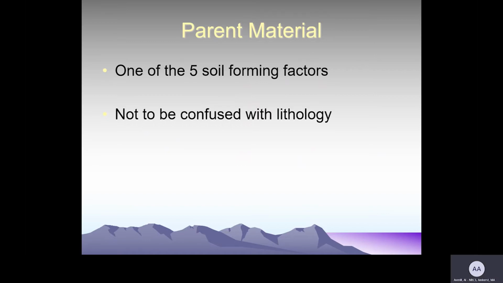And I try to make a point of saying here that it is not to be confused with lithology. Lithology refers to the type of bedrock. Lithology is the study of bedrock. A very small percentage of the soils on the planet form directly from the underlying bedrock. Most of the soils on the planet were formed from transported material. So it's important to understand that.